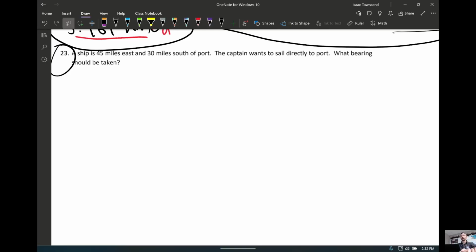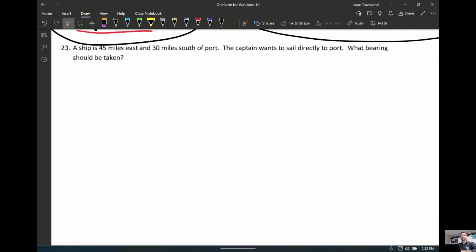Okay. All right, the biggest mistake that I have seen on 23 in the past is you've got a ship 45 miles east, 30 miles south of port. So if you do this, here's my port. The ship is 45 miles east, and then 30 miles south.